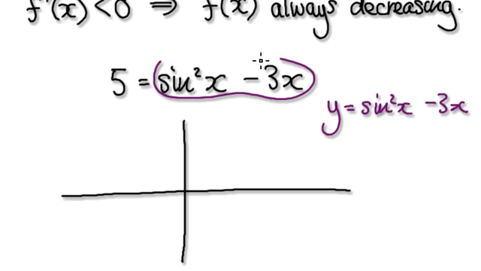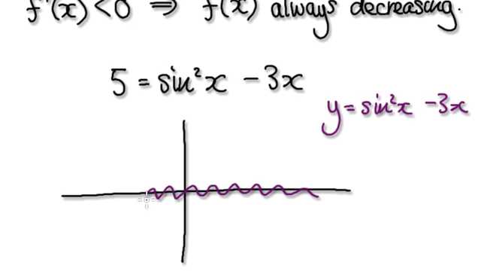Let's try to sketch this bit. If you look at sine of x, it will look something like this. When you square the sine of x, you remove the negative, so your graph will look something like this. It will just hover above here.